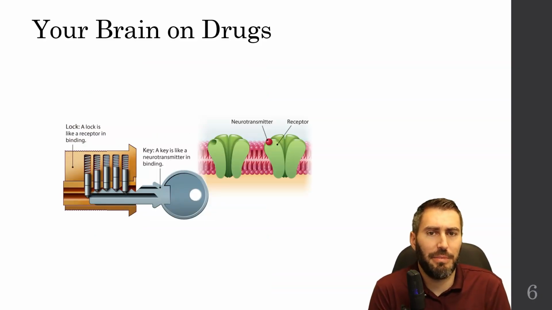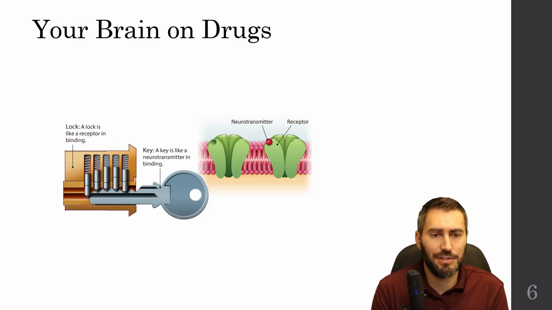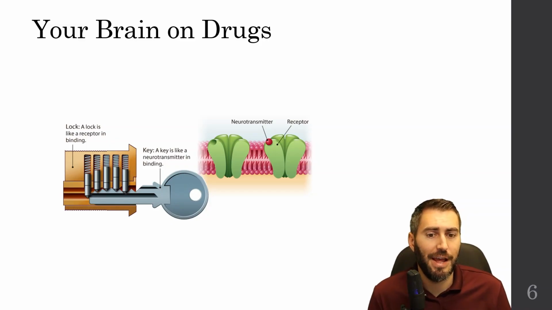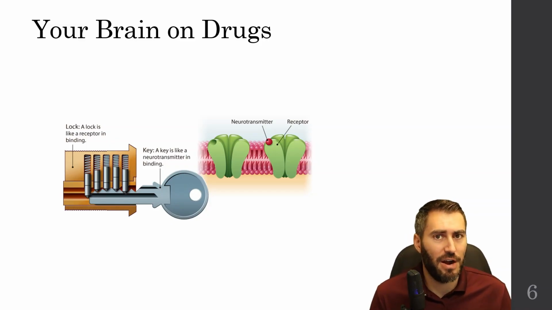So I also want to talk a little bit about how drugs mimic different types of neurotransmitters, and also just a little bit about how neurotransmitters themselves work. I said before that neurotransmitters are what we use to communicate from one cell to another, or one neuron to another, and that is the chemical process of sending information. We can see here that it really does act like this lock and key.